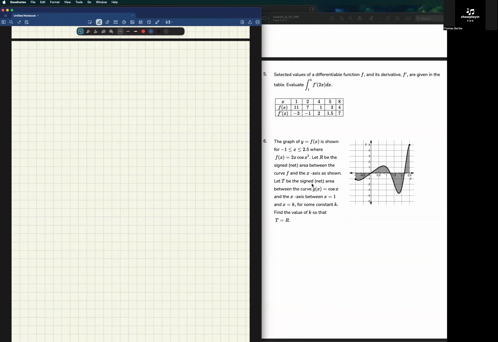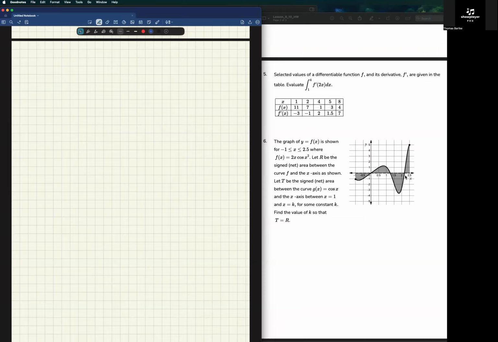Okay, well, this is a little tricky. We have this picture, and now we need the cosine function, g of x. g of x is not here. This is only f of x. We need g of x. So g of x goes like this. It comes over here, goes down.